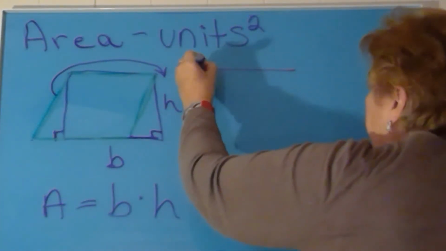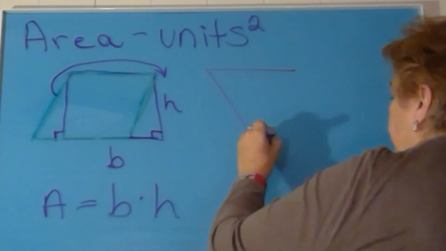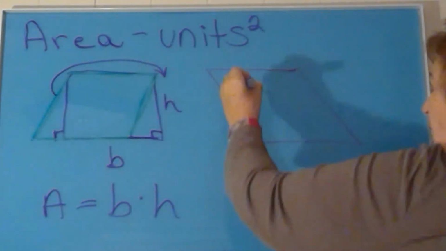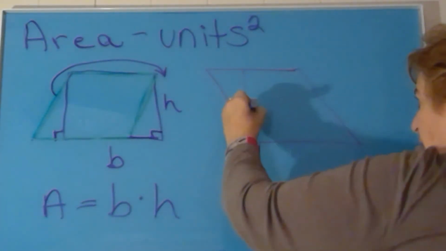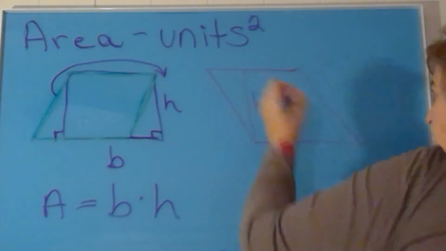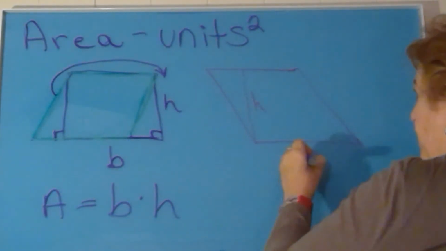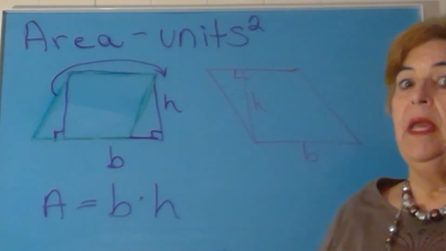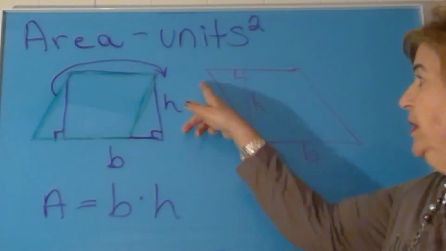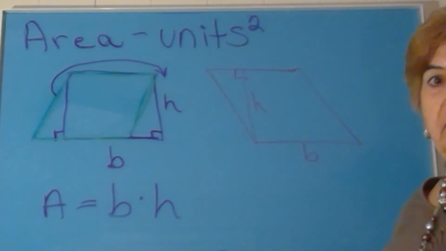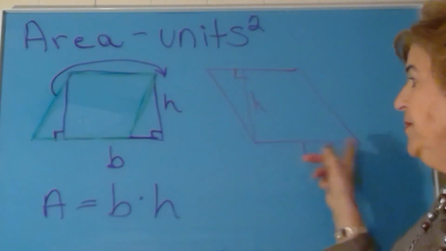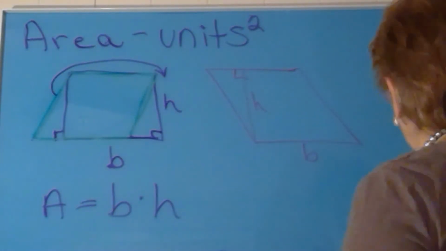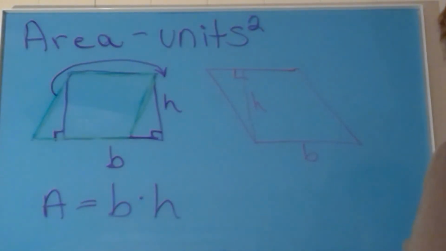So if I had another parallelogram over here, I need to know this height and the base, and then I can find the area. It doesn't matter really what this side is. You just need the height and the base. And at this point, you'll be given enough information if you need to use that formula.